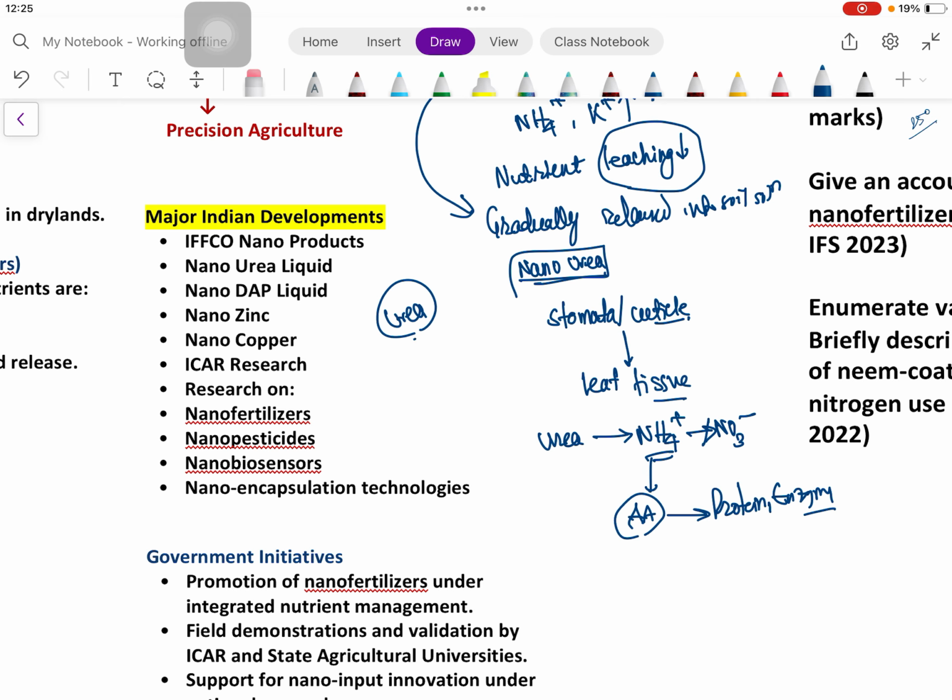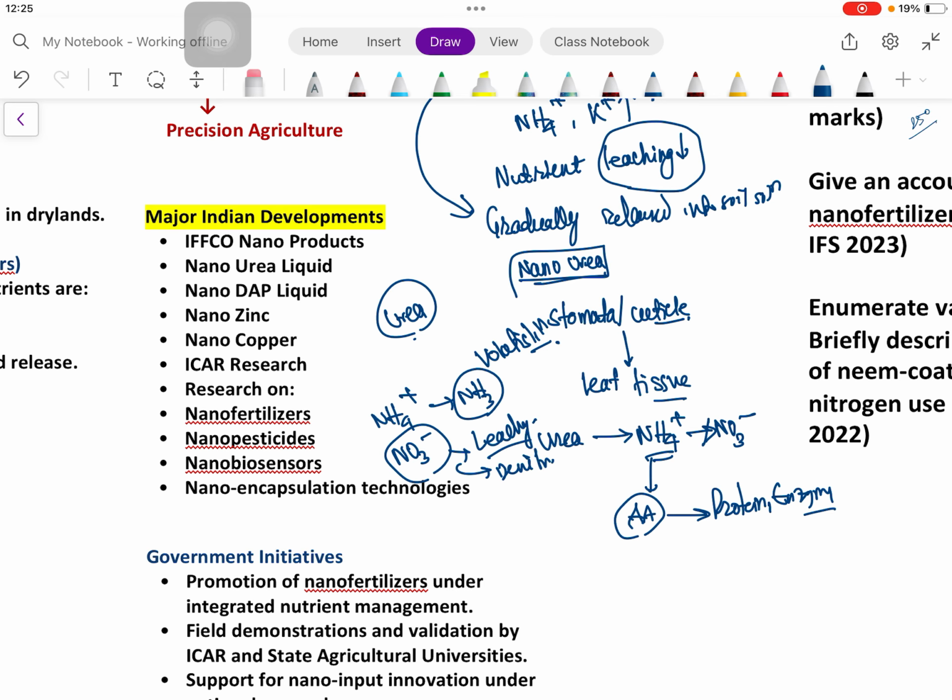faced many losses. For example, after urea hydrolysis, suppose ammonium formation is there, then ammonia is formed, then volatilization loss can happen. Another thing, if nitrate is formed, nitrate is commonly lost through leaching, denitrification, so many losses are there.